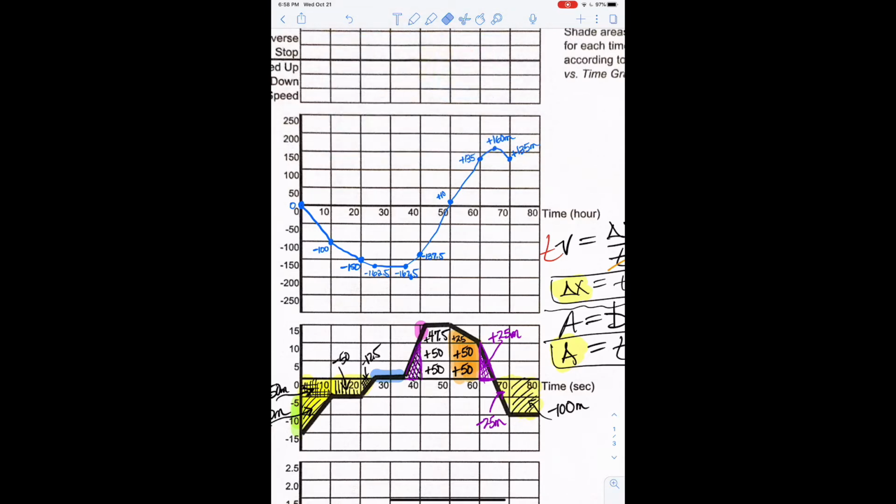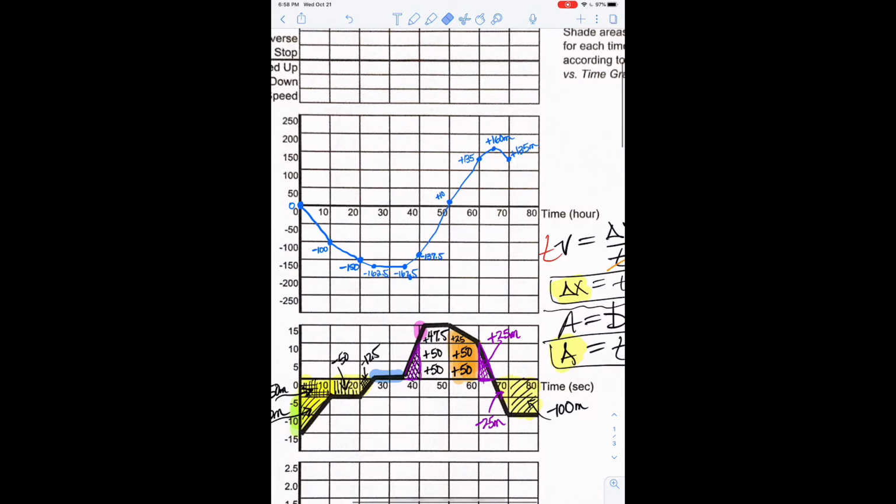So we're at 135. We're going to go 100 meters in the negative direction, which means that we're going to end at positive 35, and this is at time 80 seconds. Dang it, why do the eraser on? Just about right there. Call that positive 35 meters.